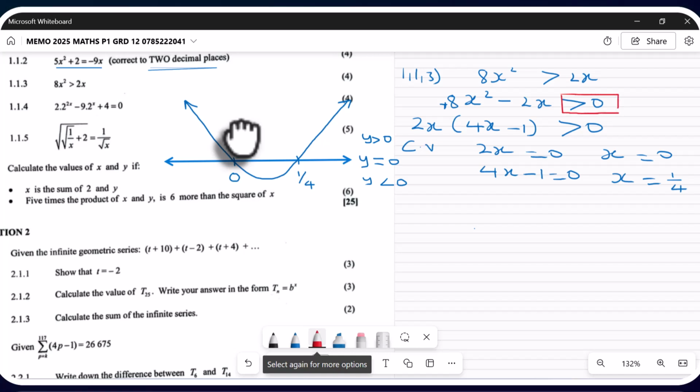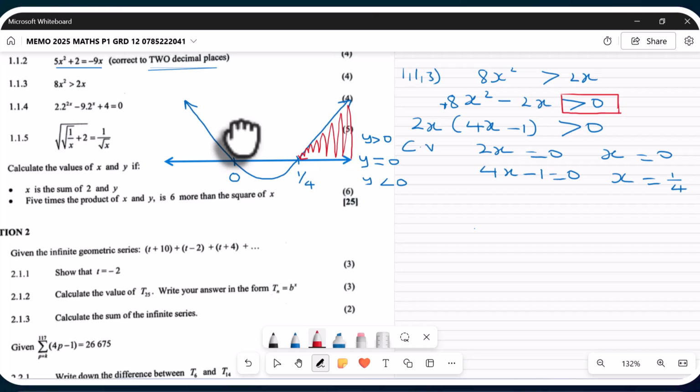In this particular case, this portion here, starting from a quarter, you see it's above the x-axis. But our answers lie on the x-axis. So they begin from this quarter here, coming this way on the number line. So these are the x values we're looking for.